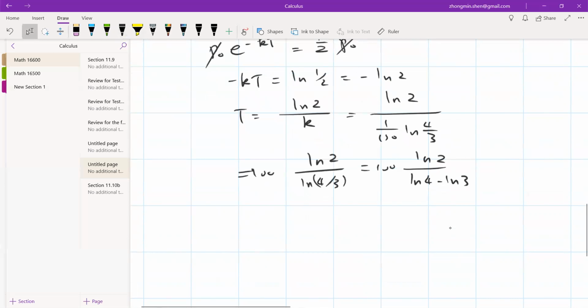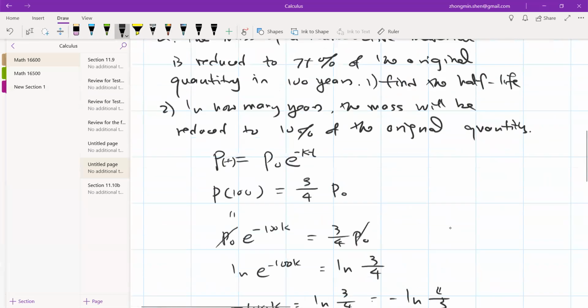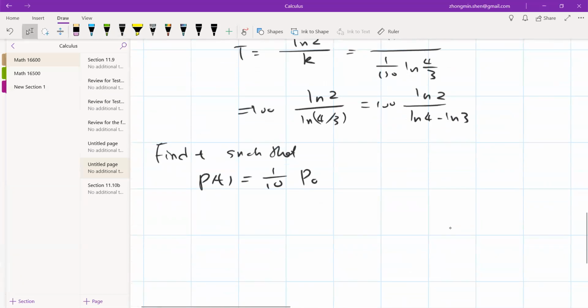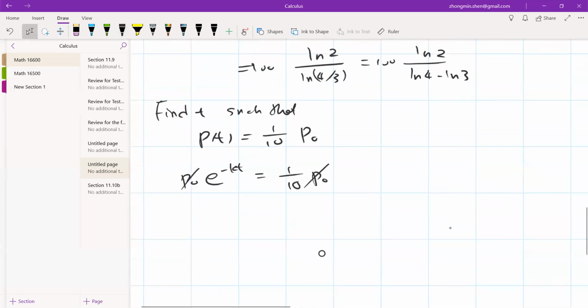I think k is enough. Now you want to find a time t such that the quantity is only 10% of the original, so P of t equals 1 over 10 of the original. So e to the negative kt equals 1 over 10. The original quantity cancels out, and you put the natural log on both sides.